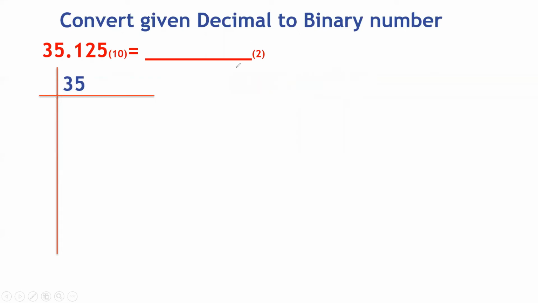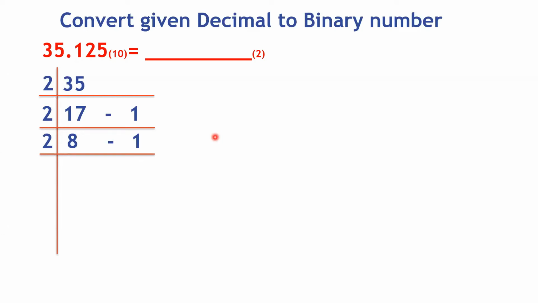Now here 35 we have taken first, and then we will divide it by 2. Already we have done this; we have taken the same example. 2 17s are 34, remainder is 1. Again we will divide by 2. 2 8s are 16, so the remainder is again 1. Then 2 4s are 8, remainder is 0.